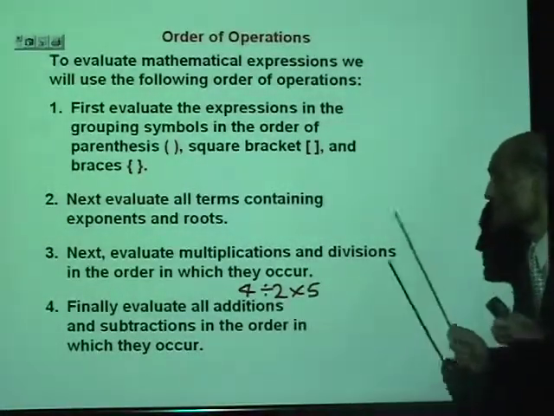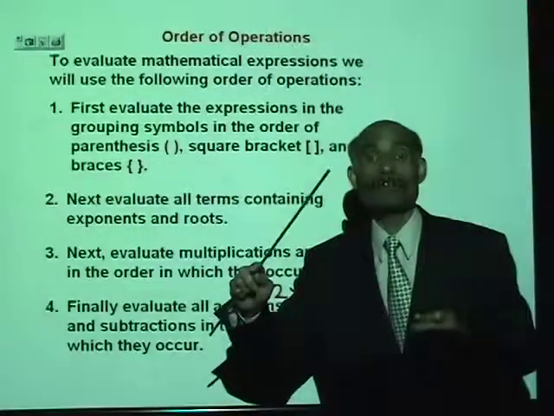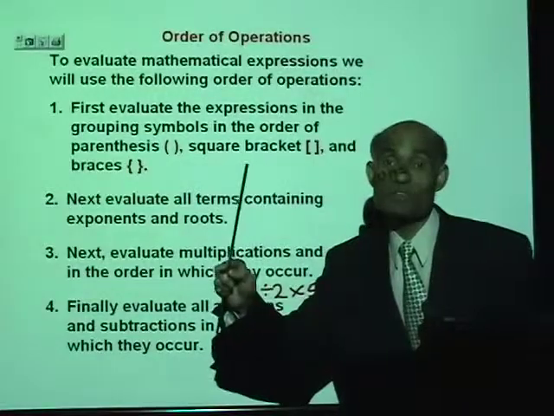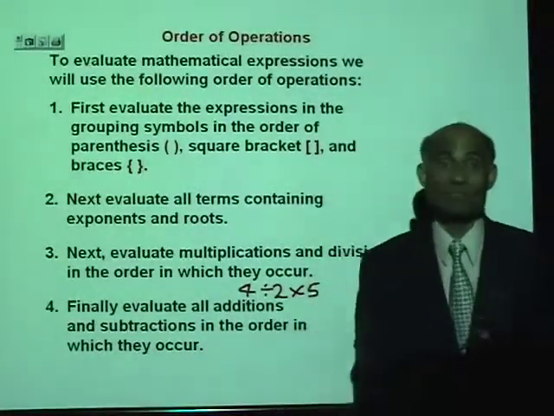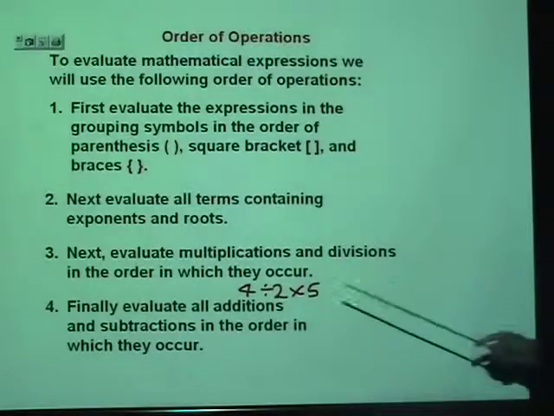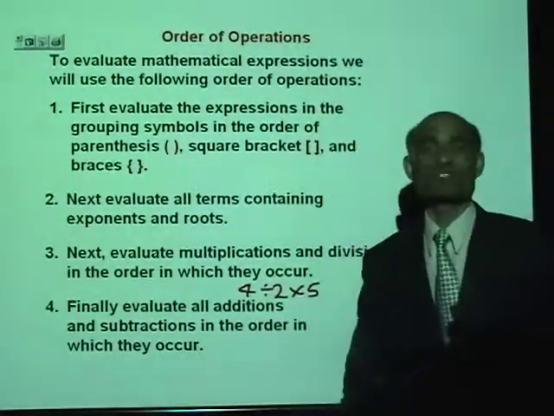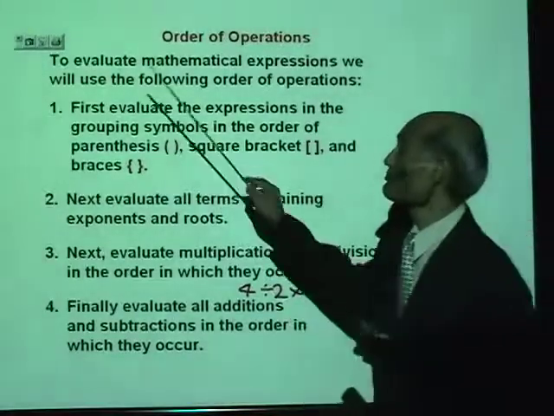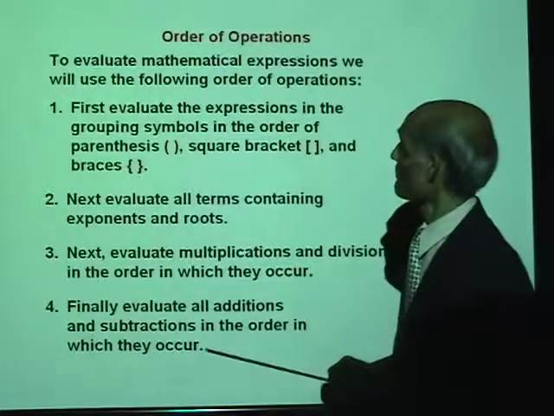So the answer will be 10. When multiplications and divisions come together, you do the operations from left to right. And finally, evaluate all additions and subtractions in the order in which they occur. Alright, we will practice this as we move on.